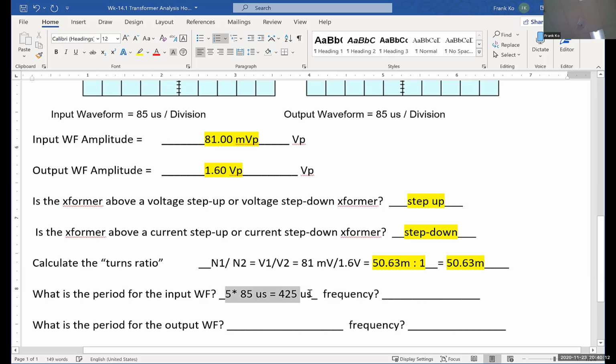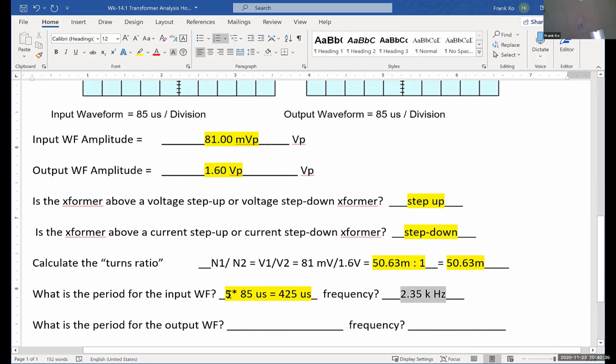And I'll go ahead and highlight that. And therefore, what frequency do you calculate, sir? 2.35 kilohertz. 2.35 kilohertz. Everybody concur? Yep. All right.